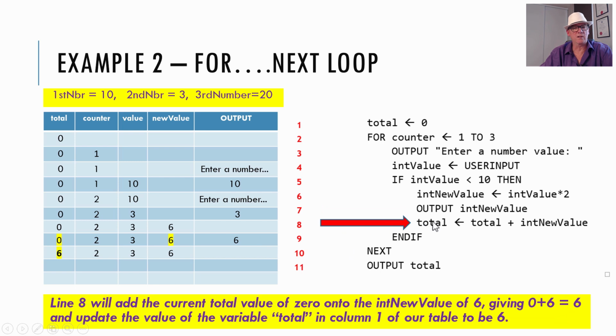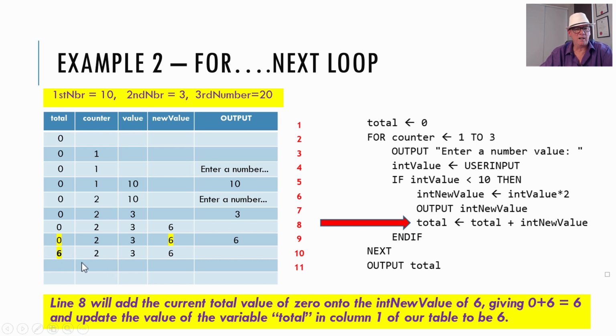Line 8 is going to do something to the total. So remember, total was way over here in our first column, and at the moment it's 0. And it's going to take that total value of 0 and add on what int new value is. Well, if we check out new value, it's at 6. So it's going to actually do 0 plus 6 and work out that 0 plus 6 is a 6.